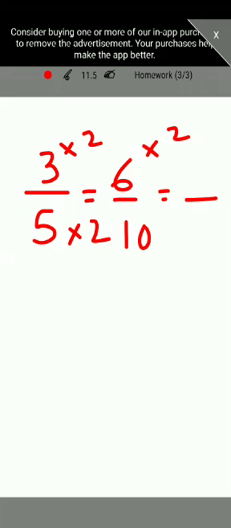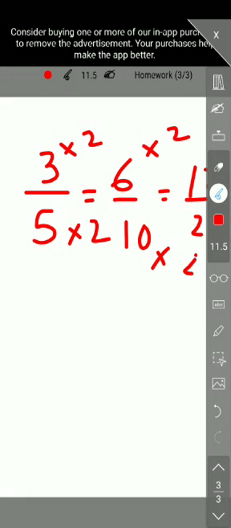What we need to do is multiply the numerator and denominator by the same number. 3 times 2 is 6, 5 times 2 is 10. Now we can multiply again: 6 times 2 is 12 and 10 times 2 is 20. In this way we can get 3 or more equivalent fractions.